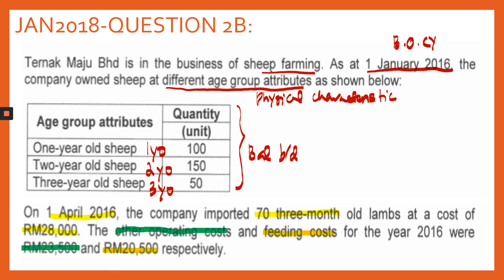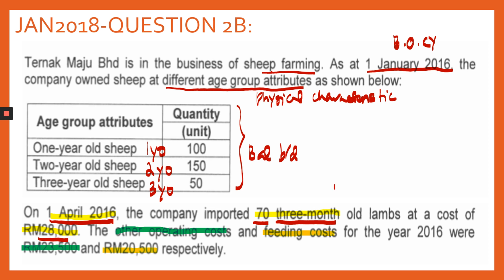On 1st of April 2016, somewhere after the beginning of the year, you imported another age group, which is 3-month-old lamb. The quantity imported is 70 and the cost was 28,000. That is the total price for the 70 3-month-old lambs.